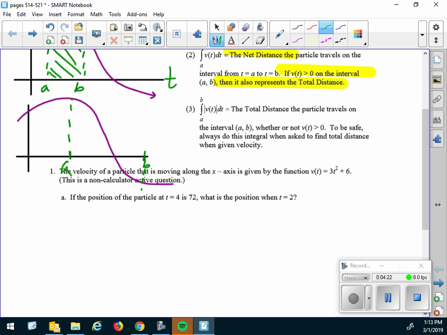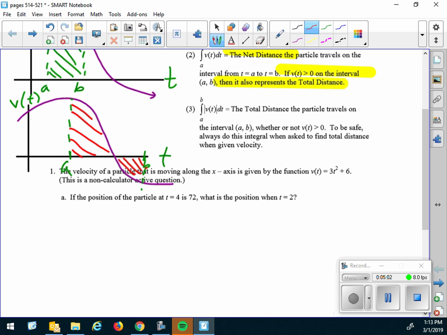Now, if I'm graphing velocity, and this is time, and I'm going from time A to time B, then notice what I'm finding is this and this. So the part above the x-axis, if velocity is positive, what's happening? Velocity is negative, what's happening? So we change direction, okay?